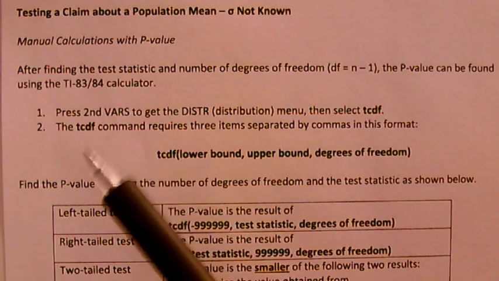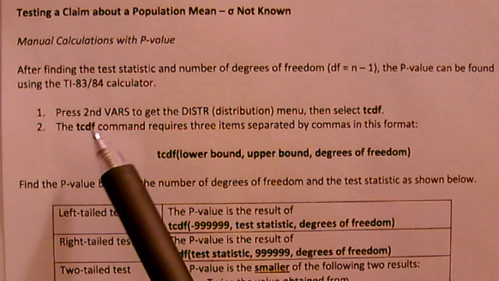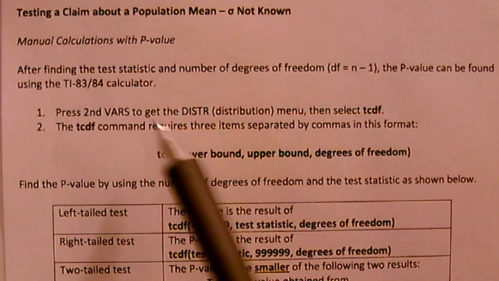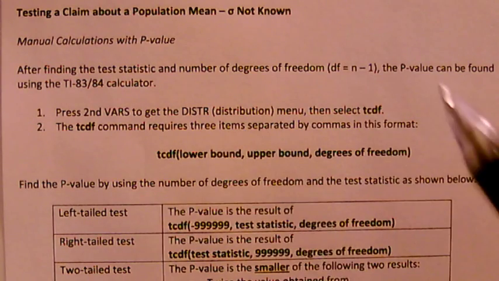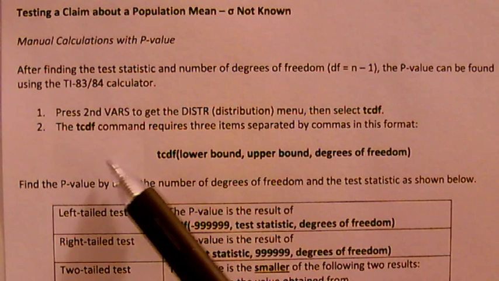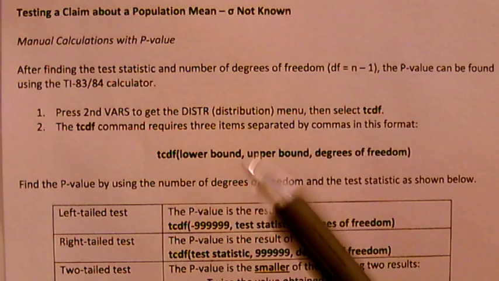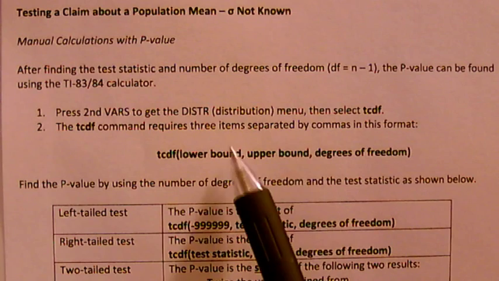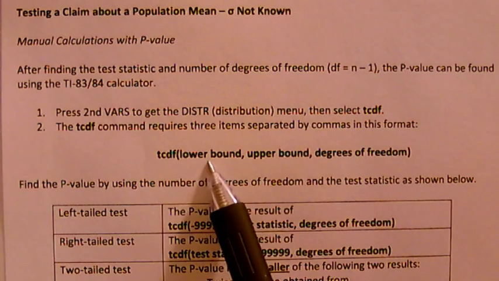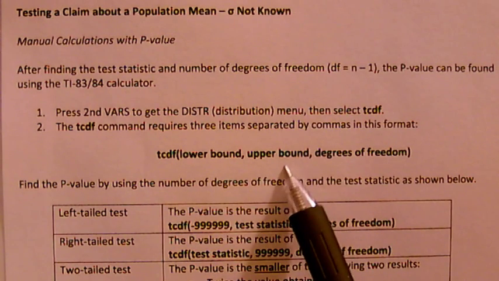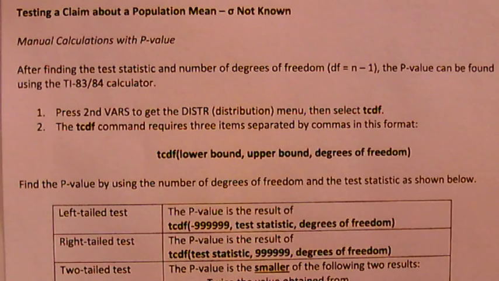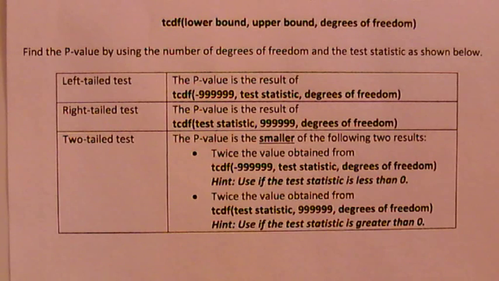And the directions are, you press second and vars to get your distribution menu, then you select TCDF, and then that TCDF command will require that you use three items: the lower bound or the lower limit, and then your upper bound or upper limit, and then degrees of freedom. And this is the way that you will do this.